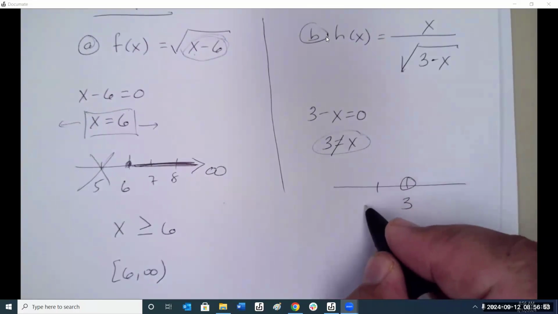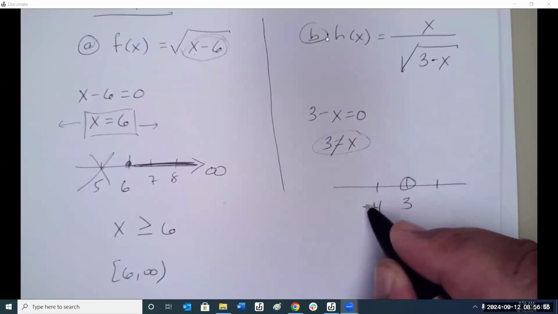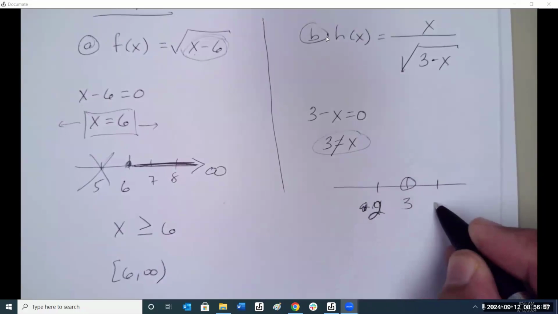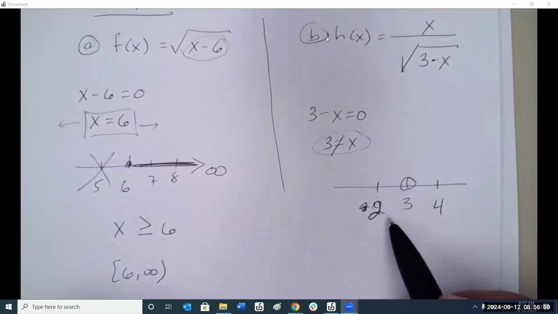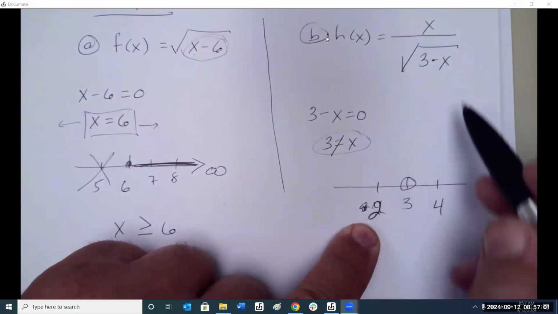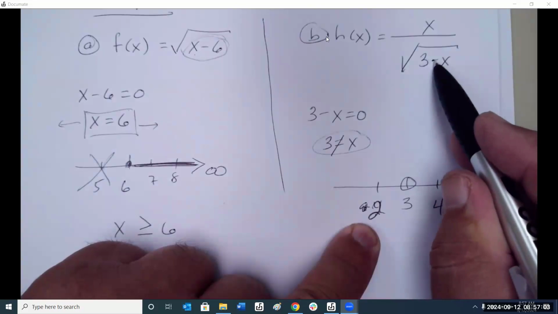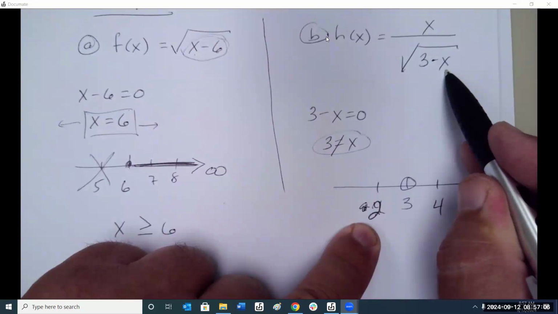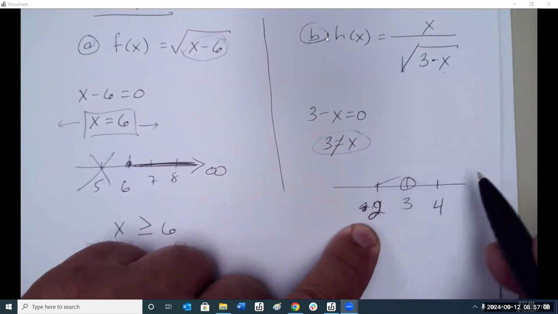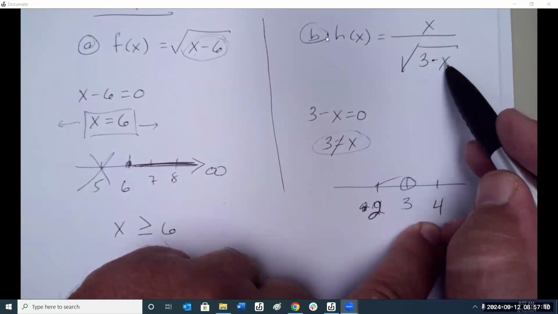Now, do we go to the left of it or do we go to the right of it? So take a number to the left of it, plug it in there. 3 minus 2 is 1. So that one works. Can it be 4? 3 minus 4?